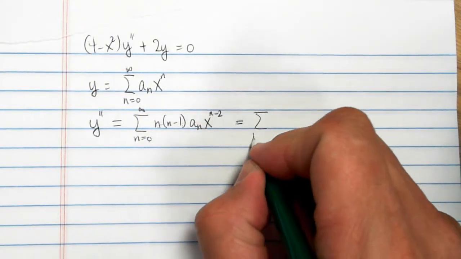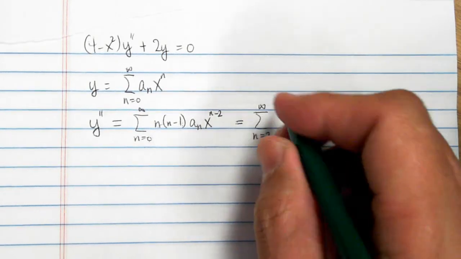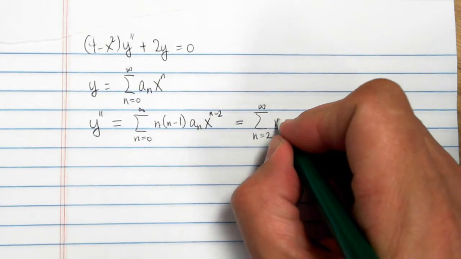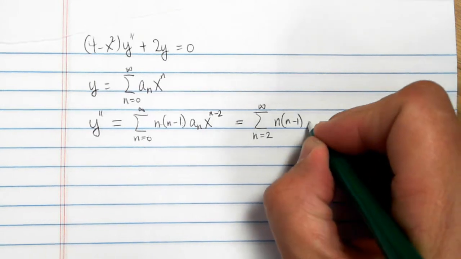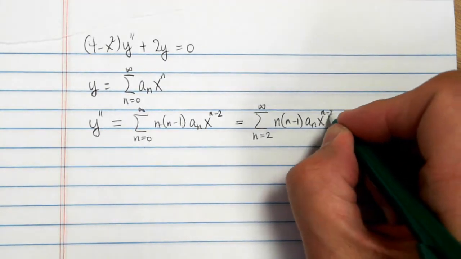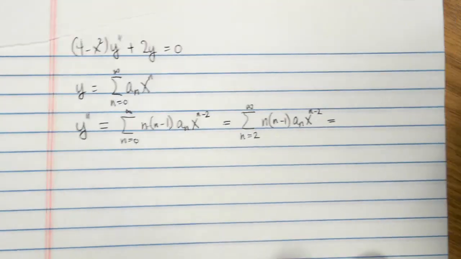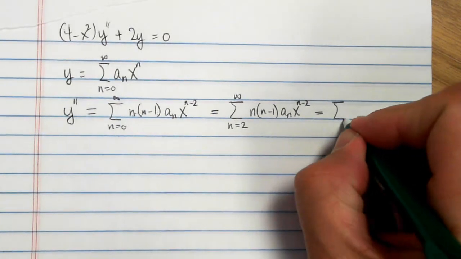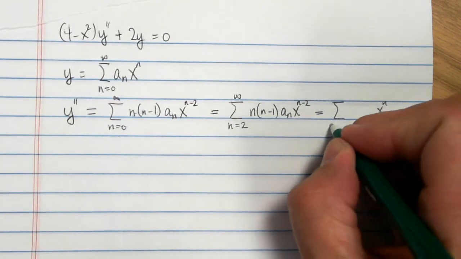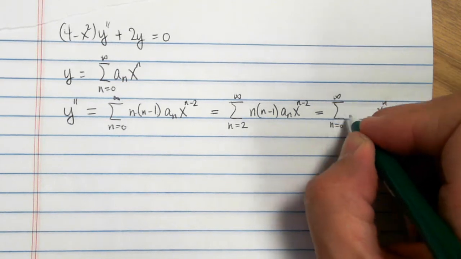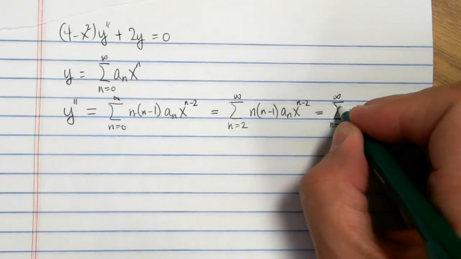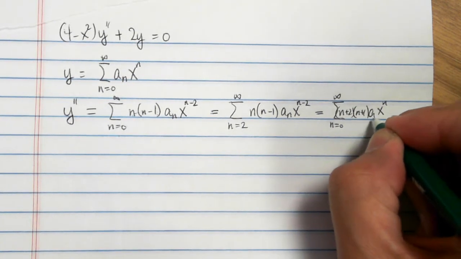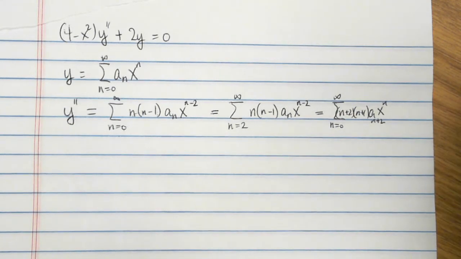So I get the summation n equals 2 to infinity of n times n minus 1, a sub n, x to the n minus 2. And then I can shift so that I have x to the n here. That requires starting the sum at 0. So I have n plus 2, n plus 1, a sub n plus 2.